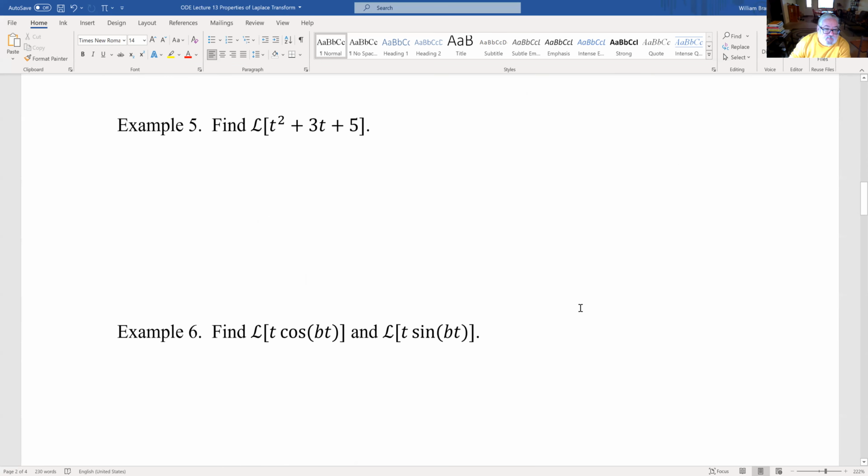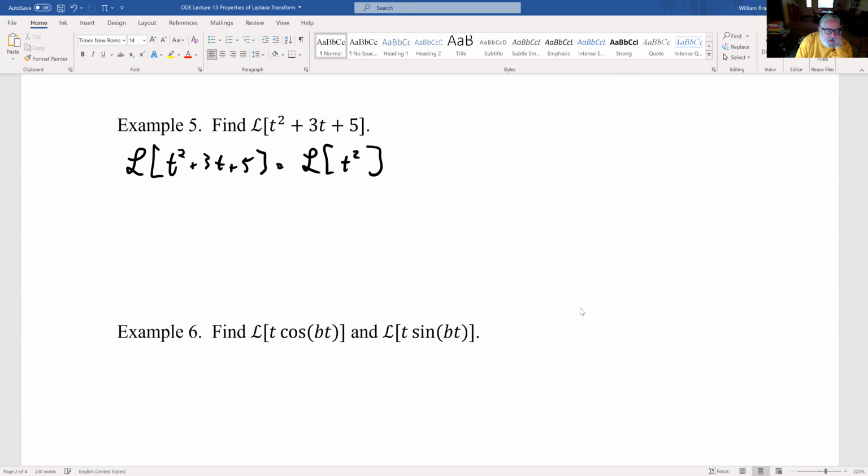So, the Laplace transform of a polynomial, we've been meaning to get to this. The Laplace transform of t squared plus 3t plus 5 is the Laplace transform of t squared plus 3 times the Laplace transform of t plus the Laplace transform of 5. Right, and this is using the linearity of the Laplace transform. We can find the Laplace transform of each term separately, and the constants can come out of the Laplace transform.